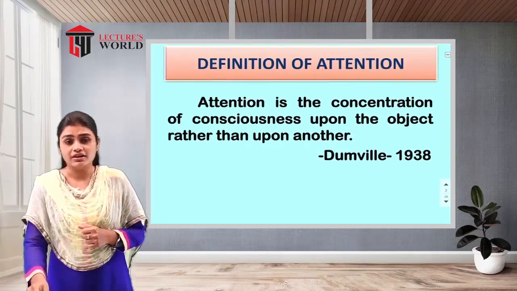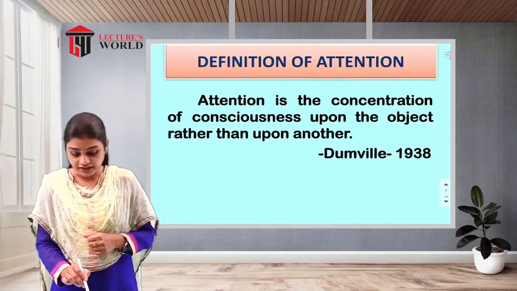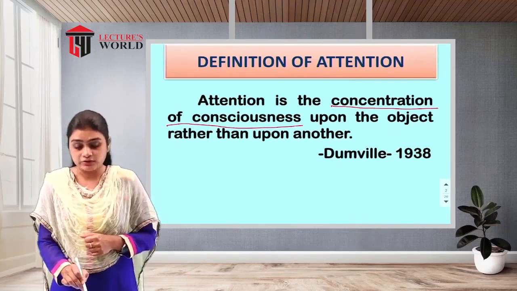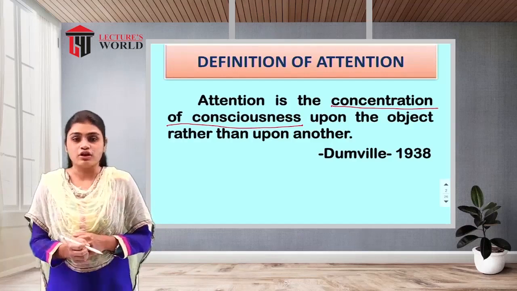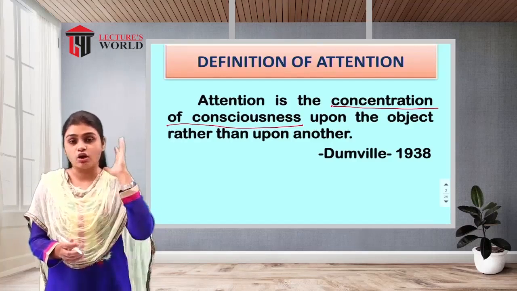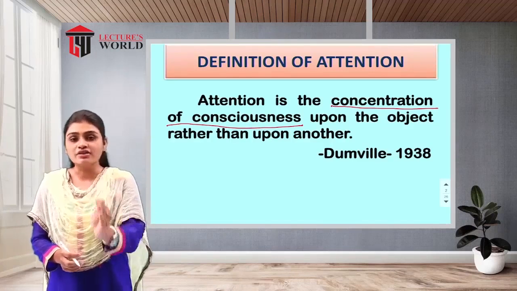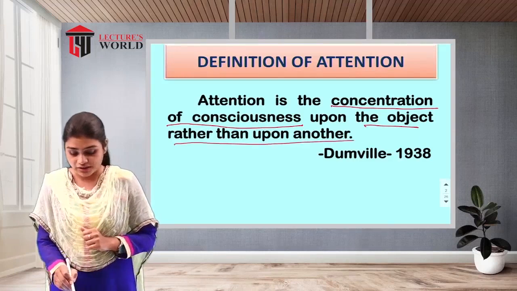So here we have the definition of attention. Let's see this. Attention is the concentration of consciousness. As we have discussed in our introduction, concentration of consciousness means my conscious mind is focusing or concentrating on something, upon one object rather than upon another.